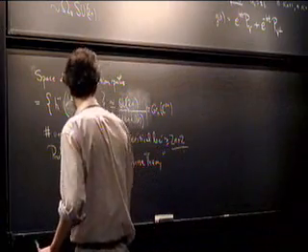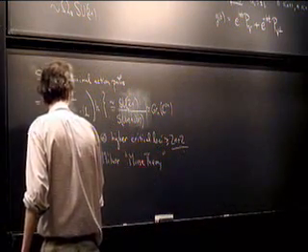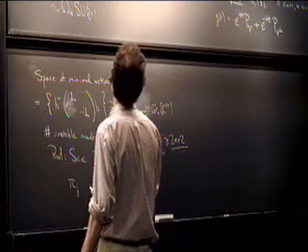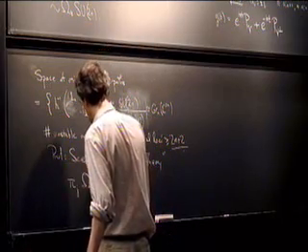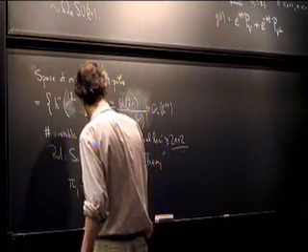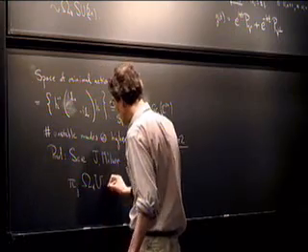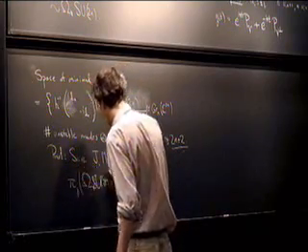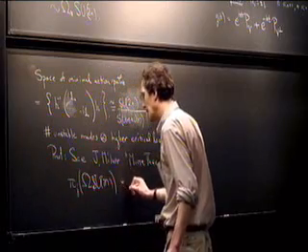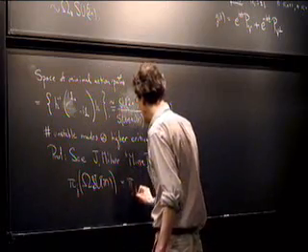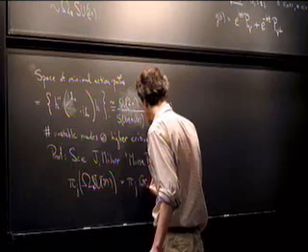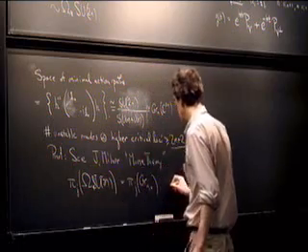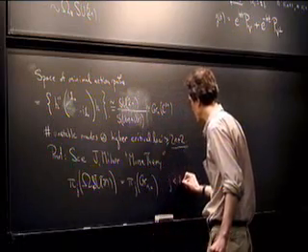So that means that pi_j of the loop space of SU(2n) is equal to pi_j of the Grassmannian for j less than 2n plus 2.